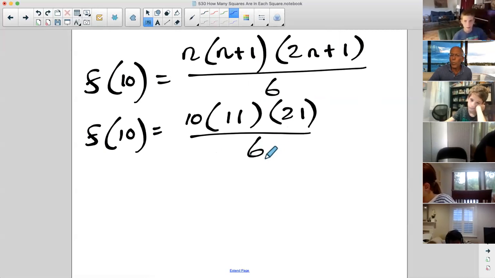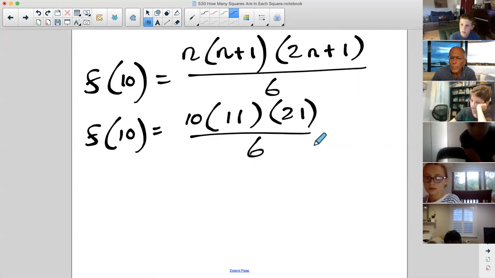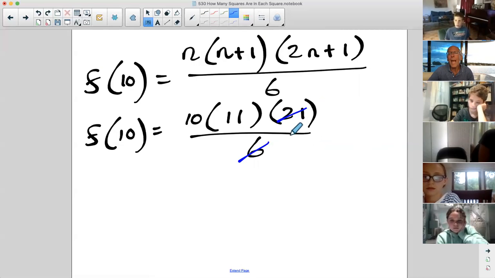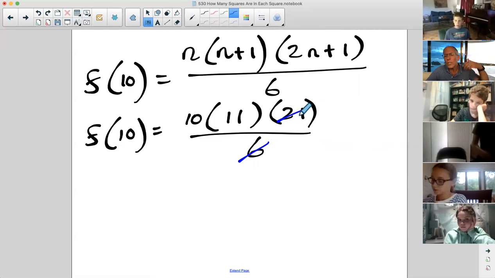Who can tell me what we can do with cross canceling here with 6? Does anybody have an idea? Well, it's not 6, but what goes into 21 and 6? 3. Yes. And so 3 goes into 21 how many times? 7.